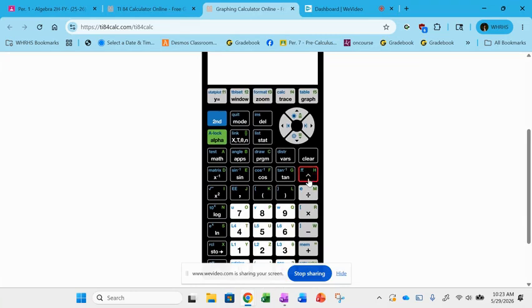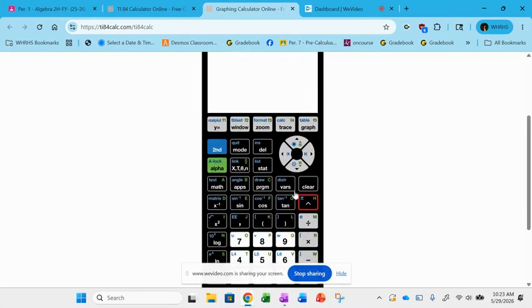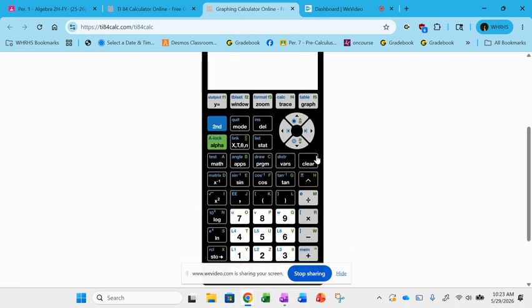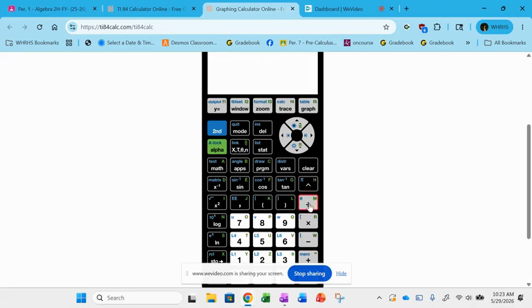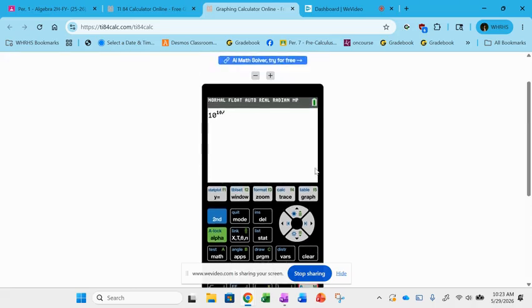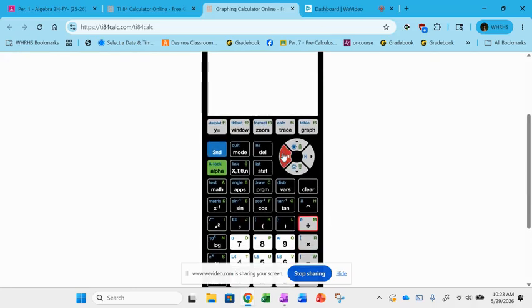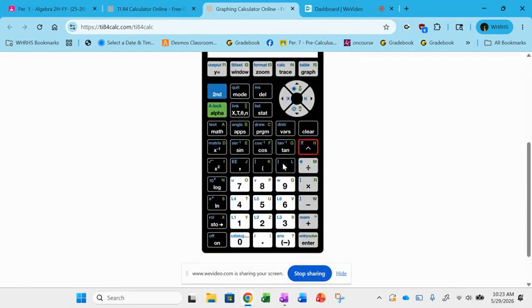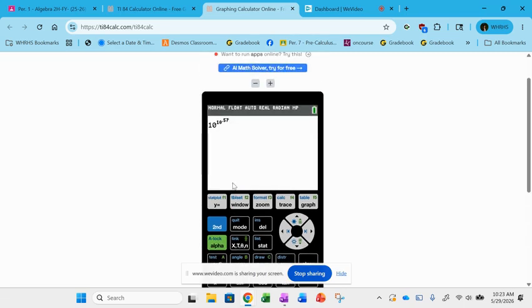You're going to press that and you're going to press 10 again. But then you're going to do another up arrow right above the division sign. Oops, I pressed the division sign, not the up arrow. There we go. And then that's where we're going to do the 0.57. And so your calculator ready should look like that.